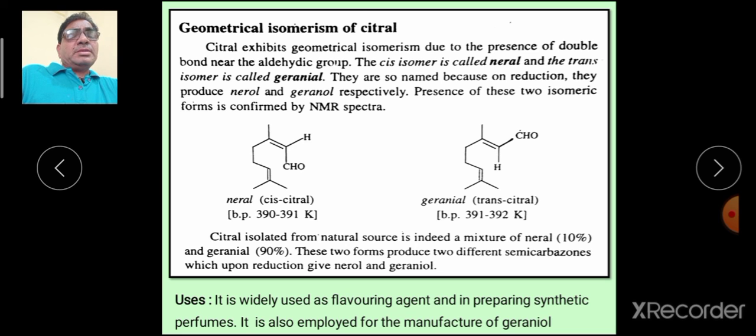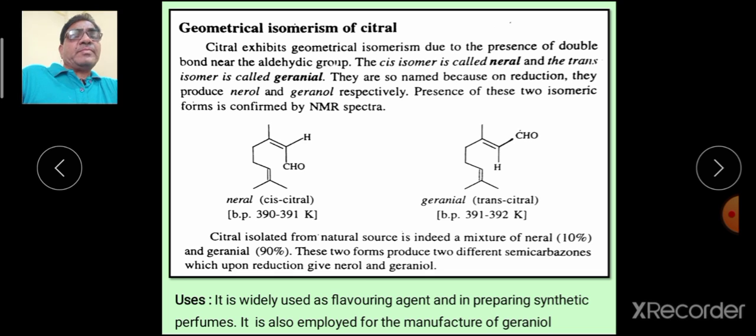The citral isolated from natural sources is a mixture of the cis isomer, 10%, and the trans isomer, 90%. Due to the double bond these two vary in structure, and therefore these are geometrical, that is cis-trans, isomers.